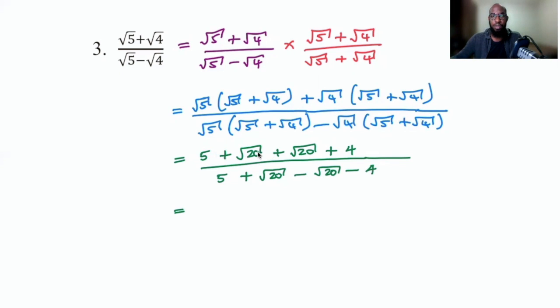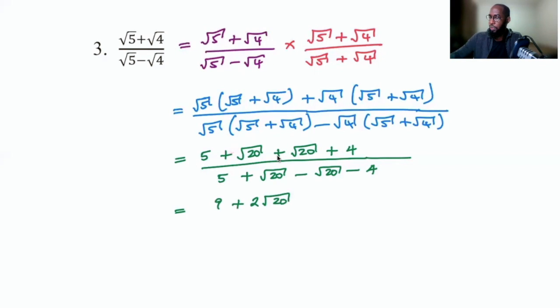Continuing, we're not going to go through grouping like terms. We focus on, we have root 20, we have root 20. So if we have 1 root 20 plus 1 root 20, we have two same terms. So that will be 2 root 20. 5 plus 4 is 9. And root 20 plus root 20 is 2 root 20 because we have the same terms here.